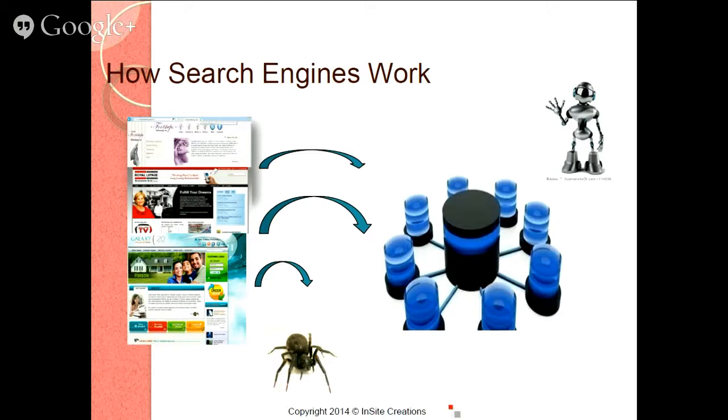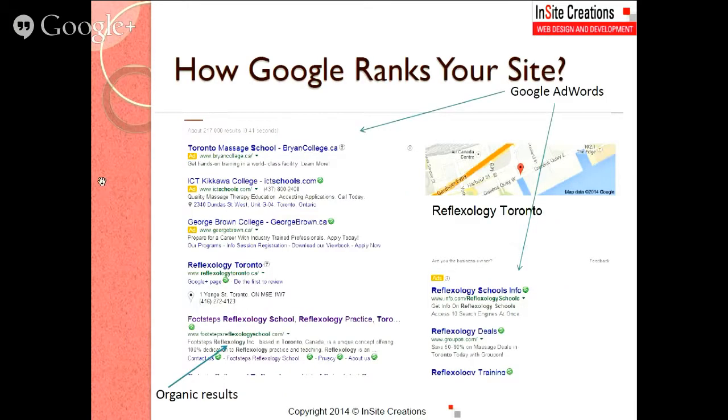So it's going back and forth like this all the time, and there are different ways that you can, like I said, either manipulate or accommodate what the search engines are looking for in order to rank yourself.